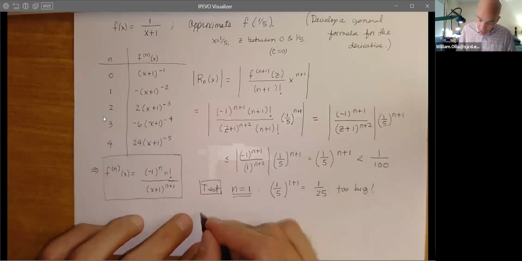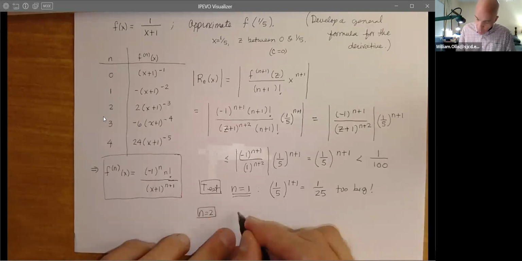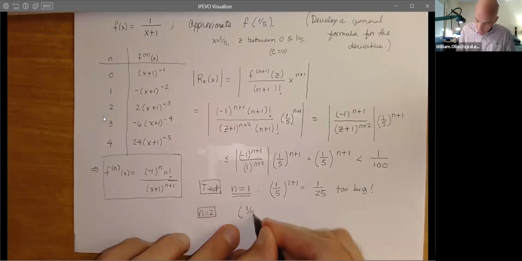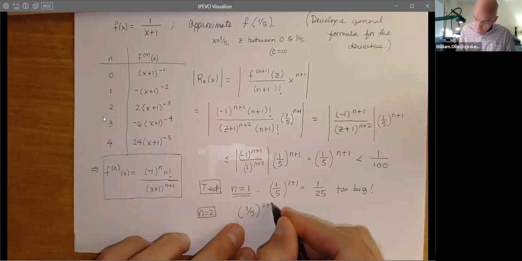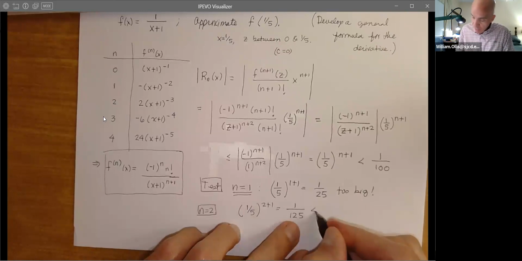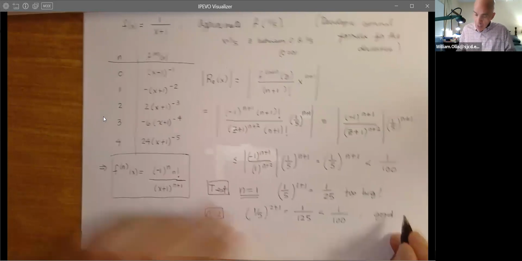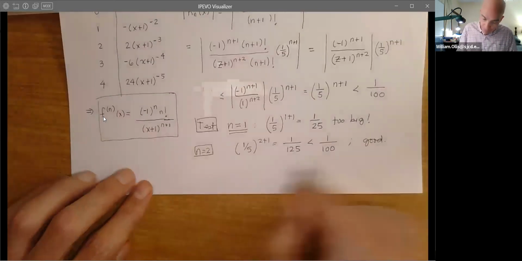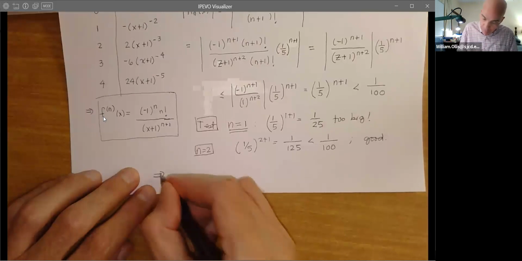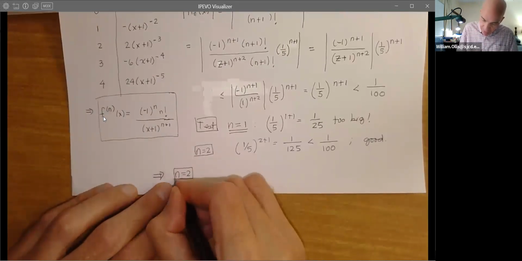And so now we look at n equal 2. So we have 1/5 to the 2 plus 1, which is 1 over 125. And that's actually fine. This is less than 1 over 100, and this is good. So in this case, therefore, n equal 2 is sufficient.